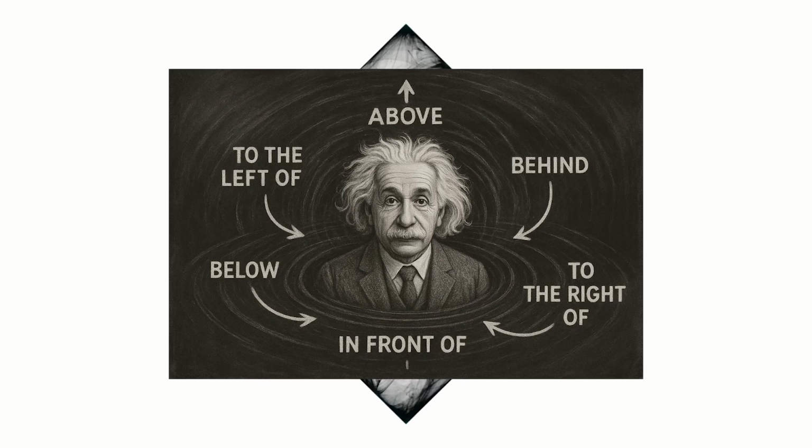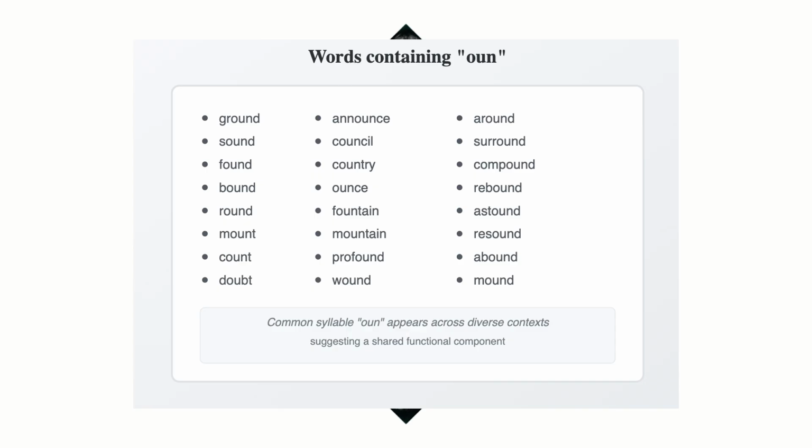For instance, the word ground contains the mediating syllable oun, which we find in the preposition about or around. The same goes for sound or found. Now, given enough cases, we come to see the syllable oun as a standalone functional device.